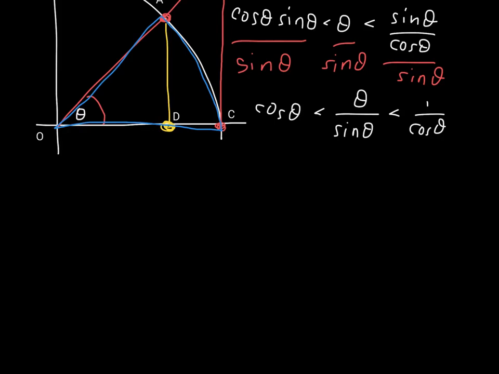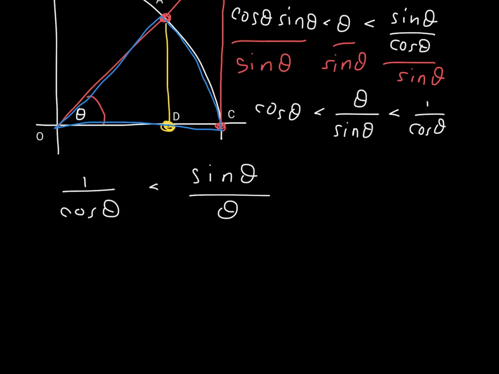Okay, and what I would like to do now is take reciprocals of each one of these expressions. But what that does is it reverses the inequality. So in other words, we would have 1 over cosine theta. That's the reciprocal of cosine theta. And then the reciprocal of theta over sine theta is exactly the expression we're talking about, sine theta over theta.